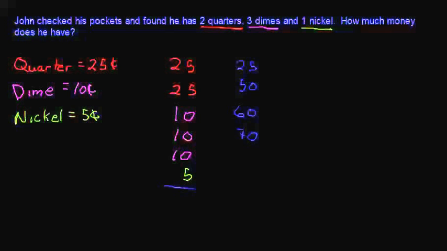Skip count again to get to 80. And now we've got this 5. So we're going to skip count by 5 to get us to 85. So when we add all this up, we get 85. So our answer is 85 cents. We don't want to forget this cent sign here. That's very important.